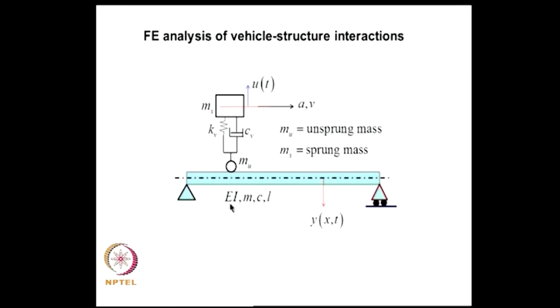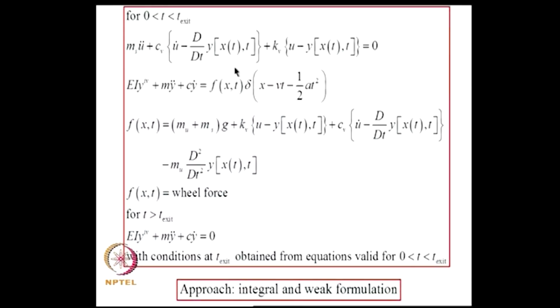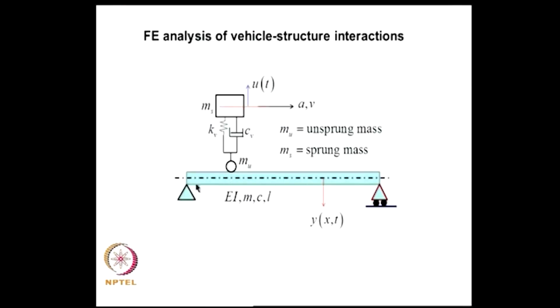This point itself is deforming. So, we will get these terms, and also I pointed out that as the structure deforms and this wheel rolls on the bridge, it will be rolling on a deflected profile.